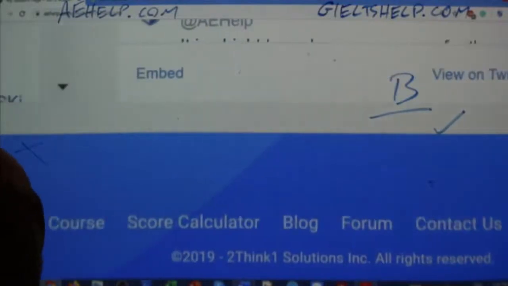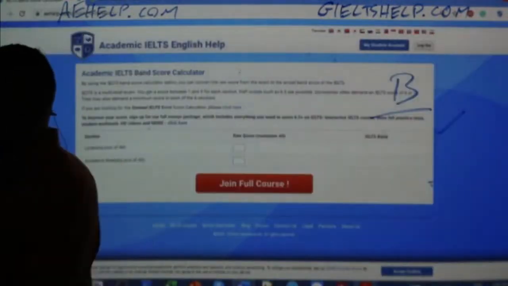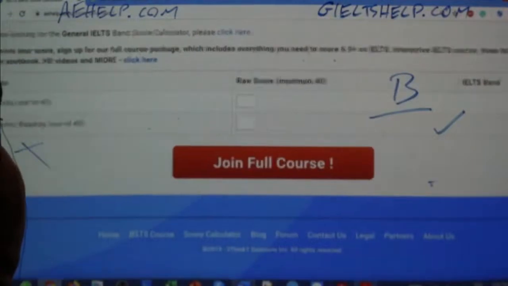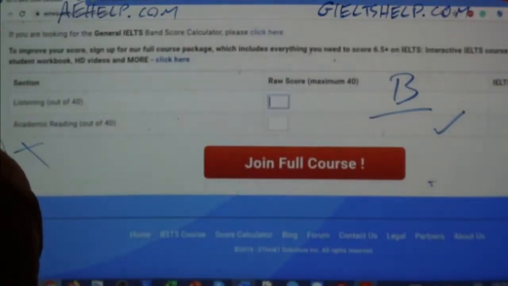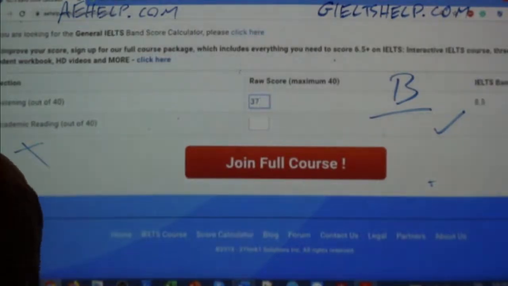Okay, there it is. The very, very bottom, score calculator. Open that up. And then if you are Amandeep, what you can do is you can put your listening score in here. Amandeep got 37. Shabam. That's 8.5. That's very good, Amandeep.